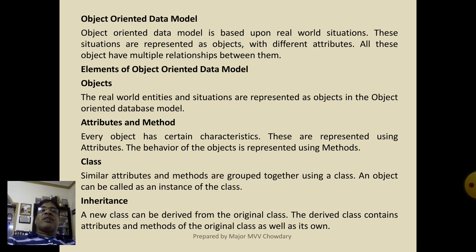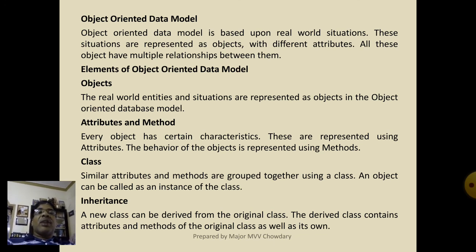The characteristics are represented using attributes. The behavior of the objects is represented using methods. Methods are nothing but the behavior of the objects.